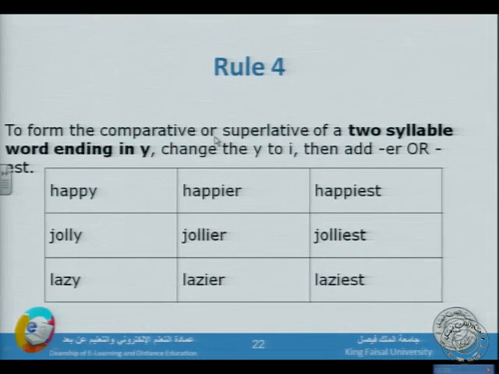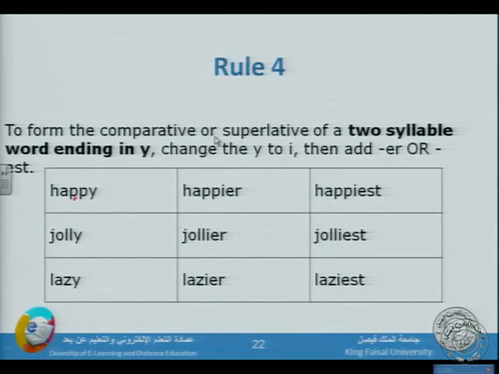القاعدة الرابعة. To form the comparative or superlative of a two-syllable word ending in Y, change the Y to I, then add ER or EST. وهذا أخذناه في مثالين قبل هذا السلايد. مثلا بعض الكلمات تتكون من مقطعين مثل happy.